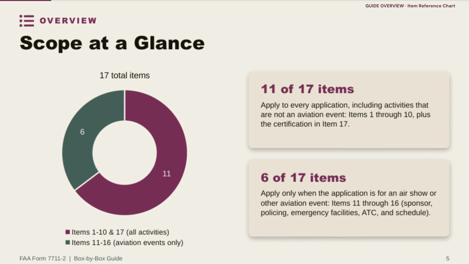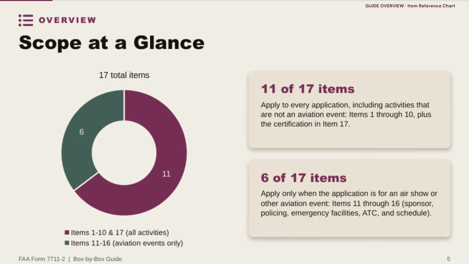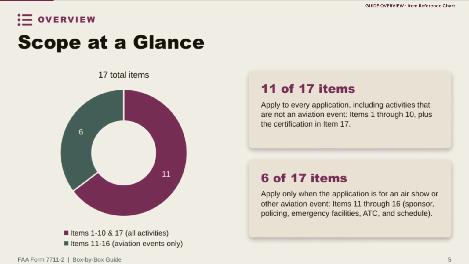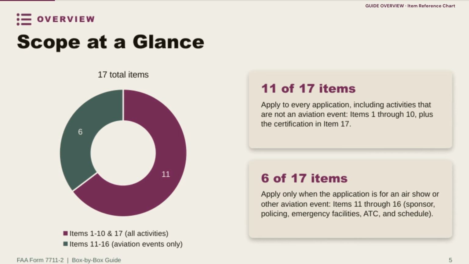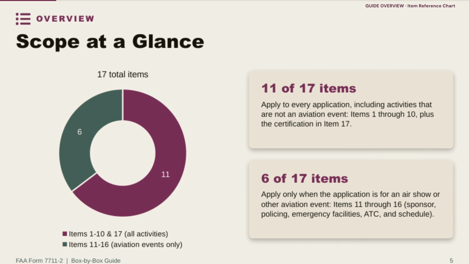Those 6 cover the sponsor, policing, emergency facilities, air traffic control, and the schedule of events. If you're keeping score, that's the exact split shown in the donut chart: 11 items in the outer ring that always apply, 6 in the inner ring that are aviation event specific. As we move through the box-by-box breakdown, we'll flag which category each item falls into, since that tells you immediately whether a given item is relevant to the operation you're supporting.